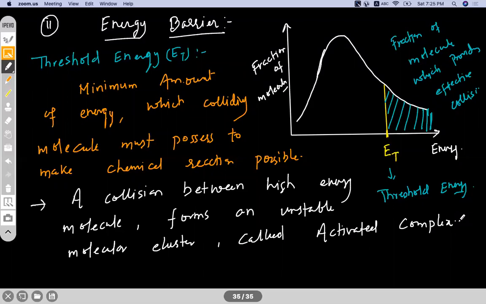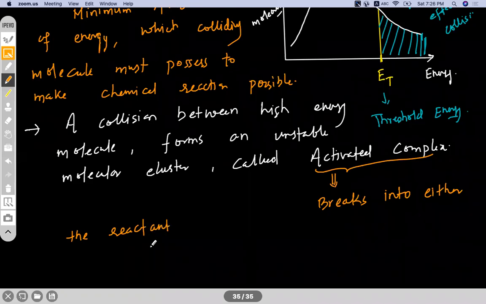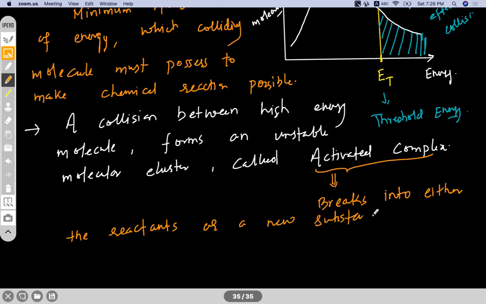And further, write down into this: this activated complex breaks into either the reactants or a new substance called product.